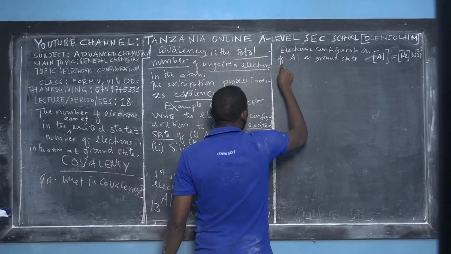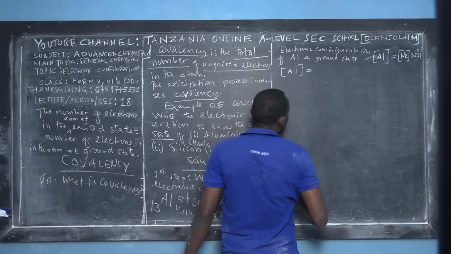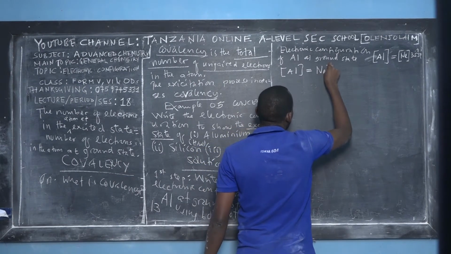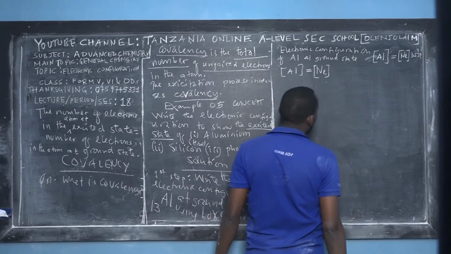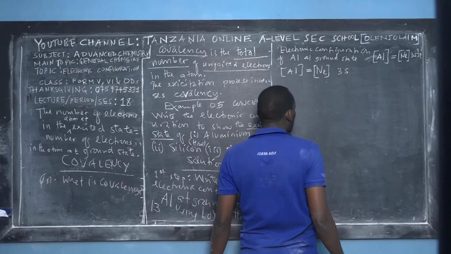So let me write it clearly here. Aluminium is equal to neon, which represents the inner shells.